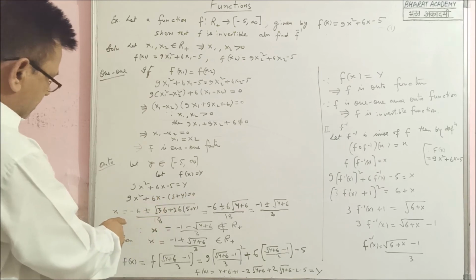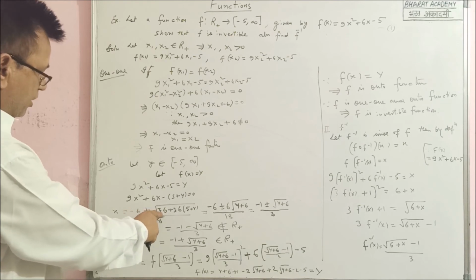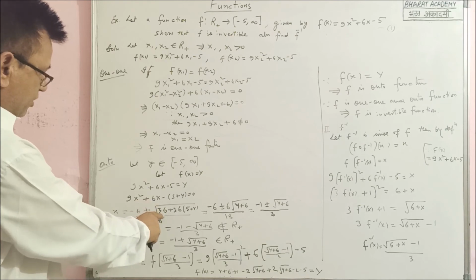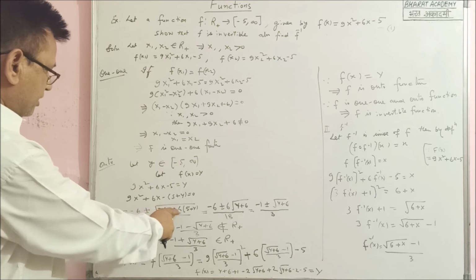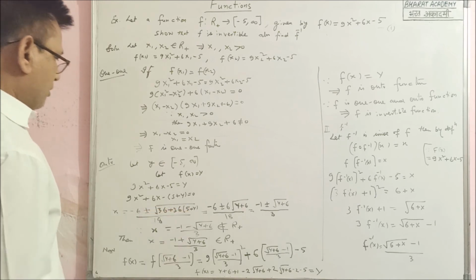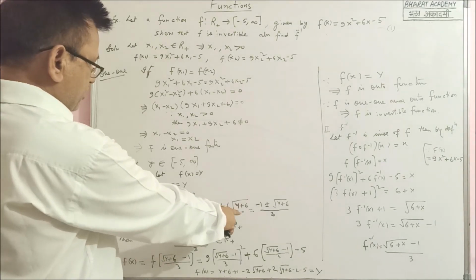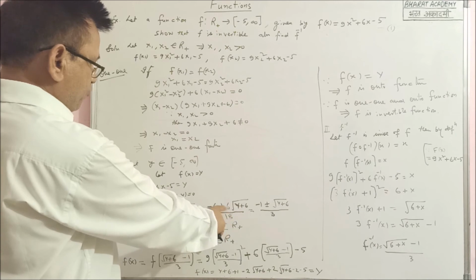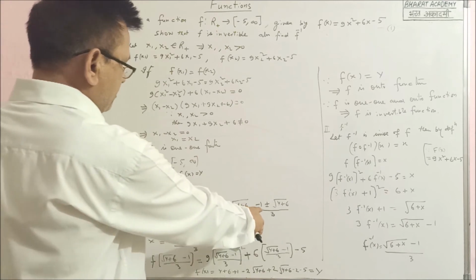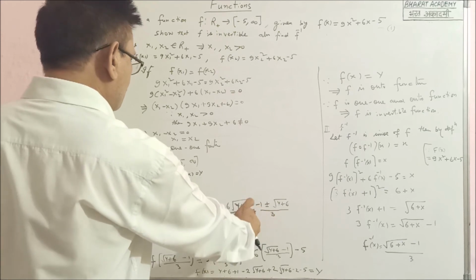So by Sridharacharya formula, x becomes minus 6 plus minus under root b square, 6 square, 36, minus 4ac, 36 plus 36 into (5 plus y), upon 18, minus 6 plus minus 6 under root y plus 6 upon 18. 6 is taken common, so this becomes minus 1 plus minus under root y plus 6 upon 3. There are two quantities.